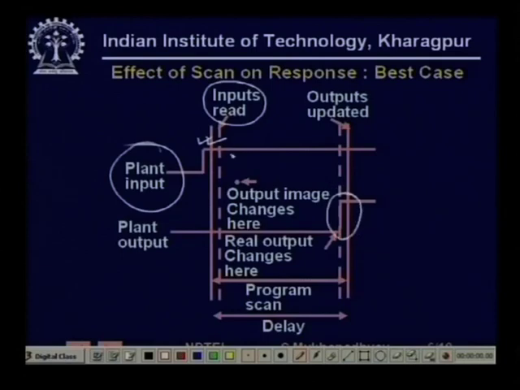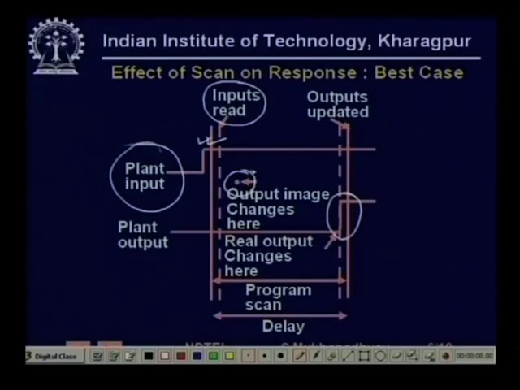Suppose this is the ith statement, that is, the effect of this input is used to compute some output at the ith logical statement.